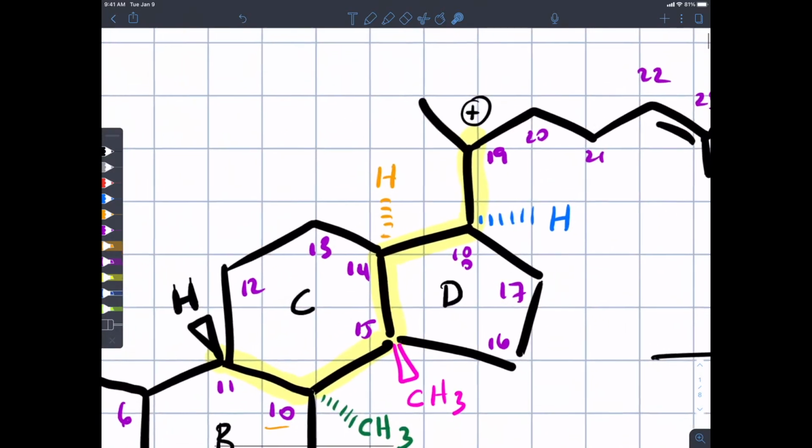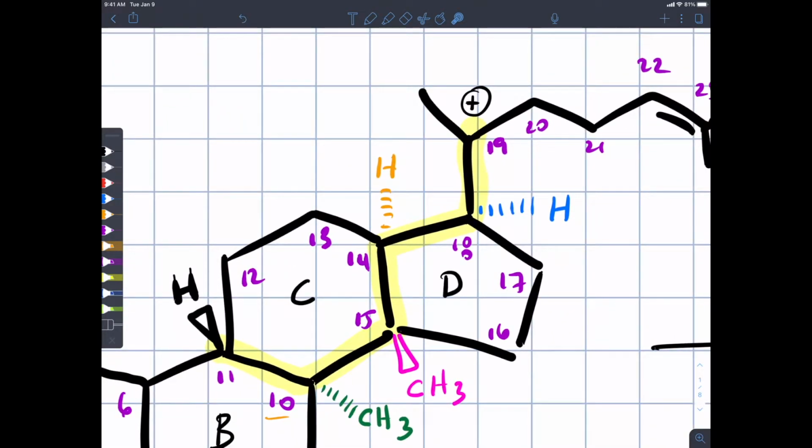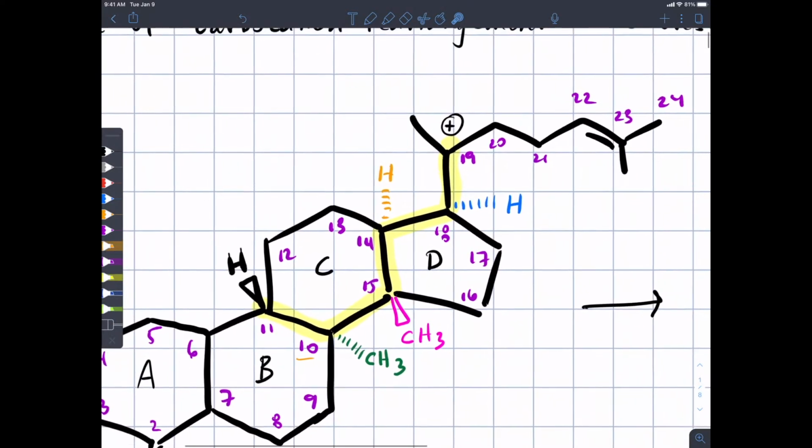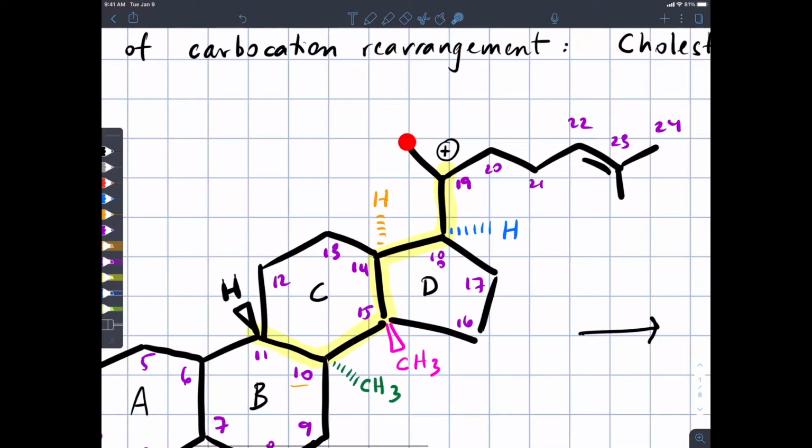On carbon-19, you have the positive charge, and on the adjacent carbon, you have this proton that's beta to the positive charge and is highlighted in blue. Now, there are also beta protons here and here, but we don't do carbocation rearrangements here or here because that would give us less stable primary and secondary carbocations, respectively.